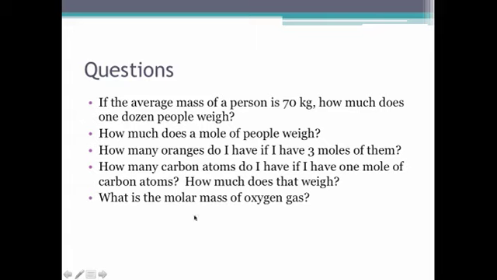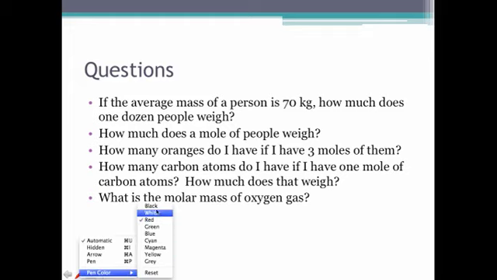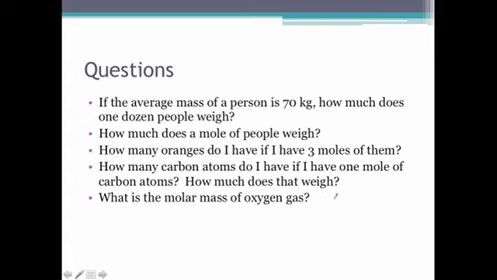Okay, so this one here is a little bit trickier. What is the molar mass of oxygen gas? For that one, I'll just grab my pen for a sec. I'll do it in red. Oxygen gas, as you know, gets around as O2, so there's actually 2 atoms of oxygen in each molecule. If you look up the atomic mass of oxygen, it's 16.